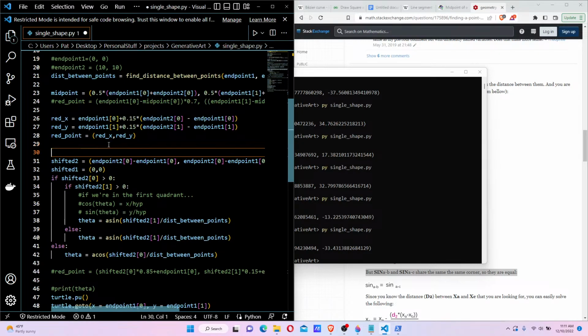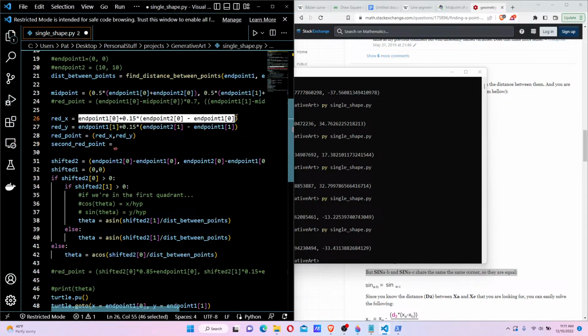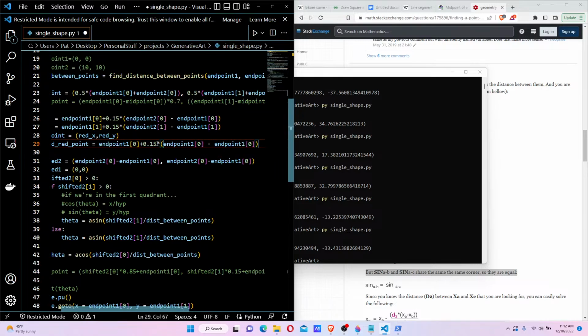Now let's get the second red point. It's that. So 0.15 should be 0.85.